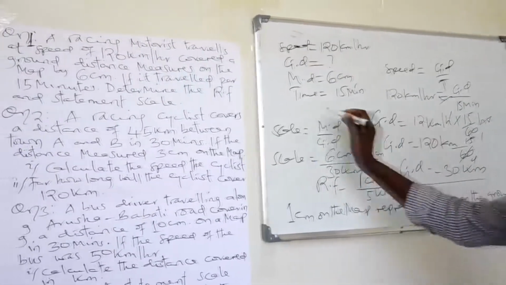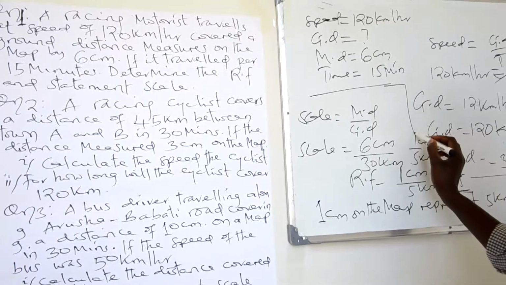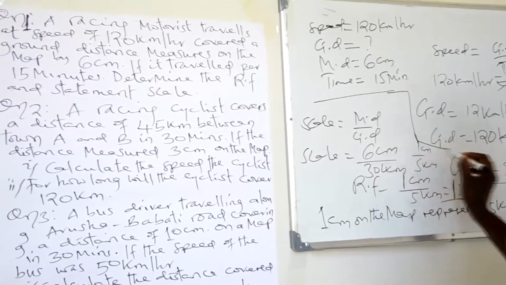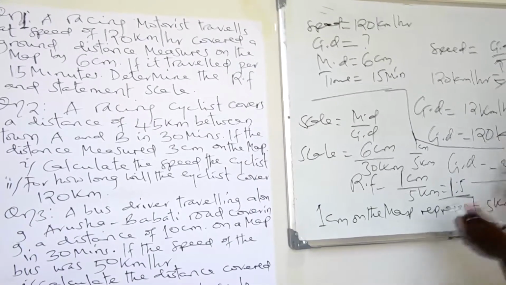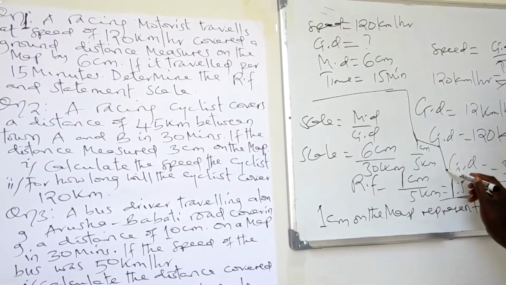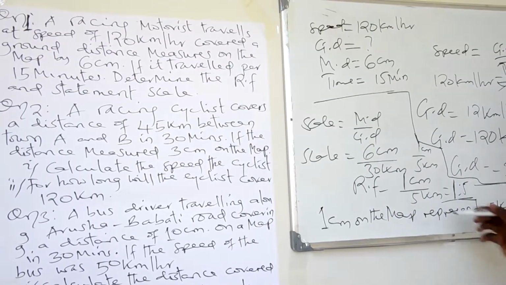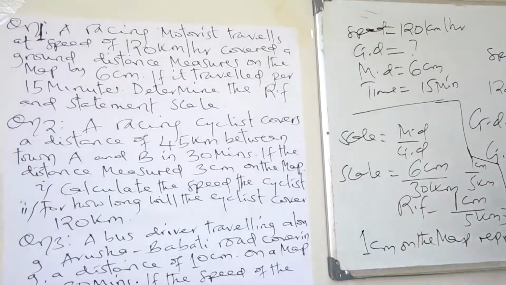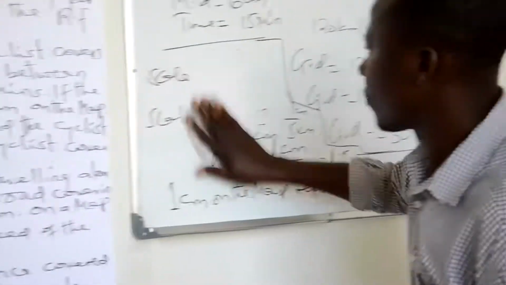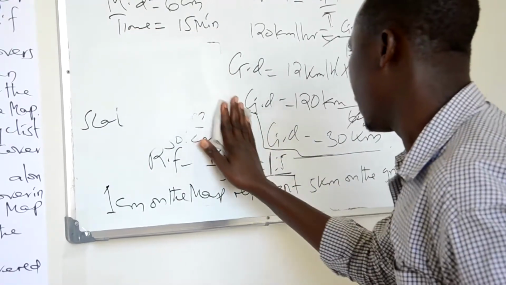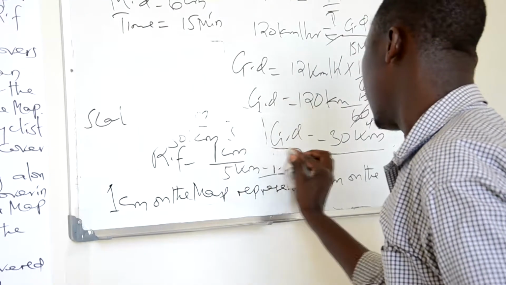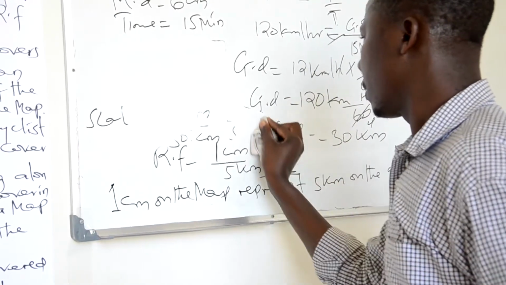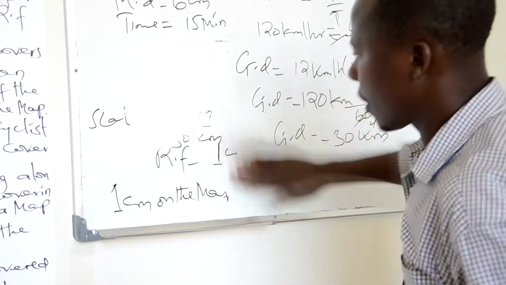I think the question is clear. If you have not understood, we can go over this place again, because we can go over this area, this one, and this one.